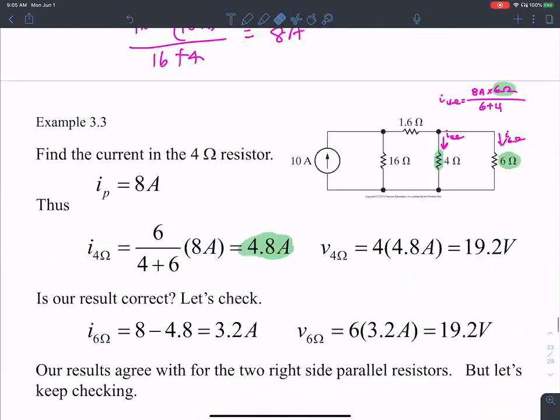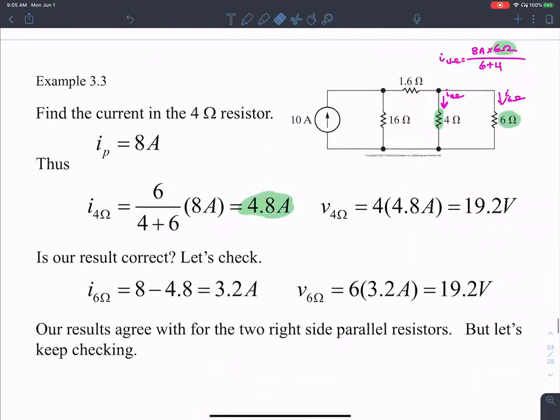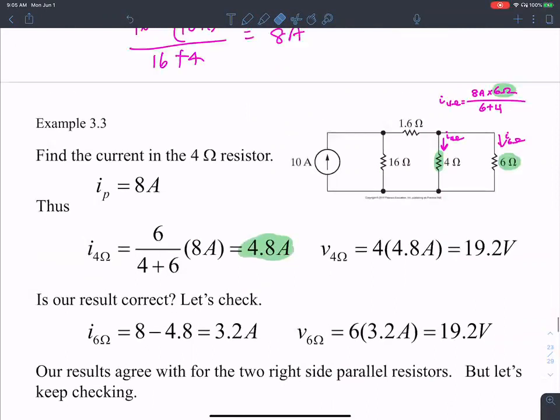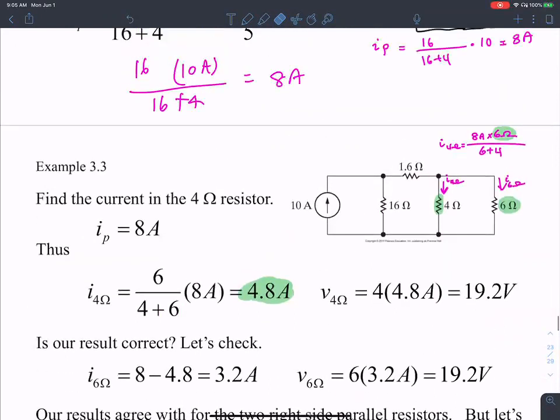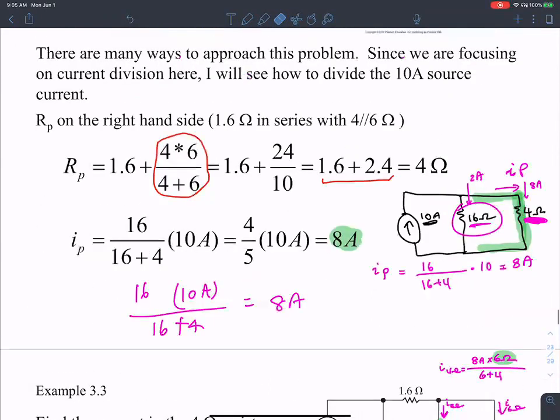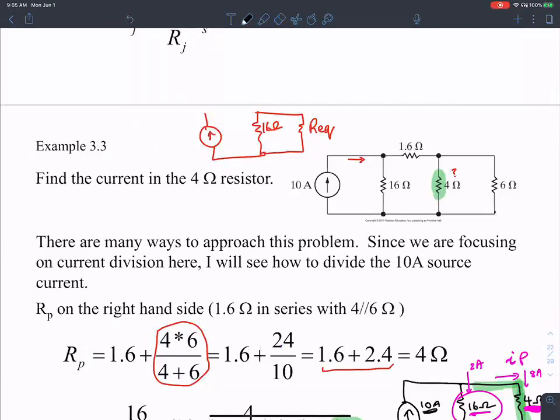So going back, in order to find the current through the resistance, the first thing is this 10 amperes of current is splitting between 16 ohms and the R equivalent.